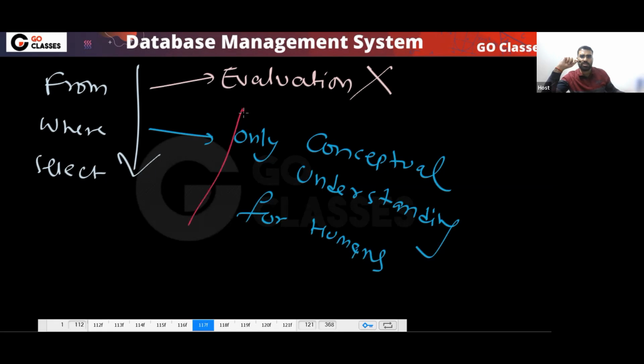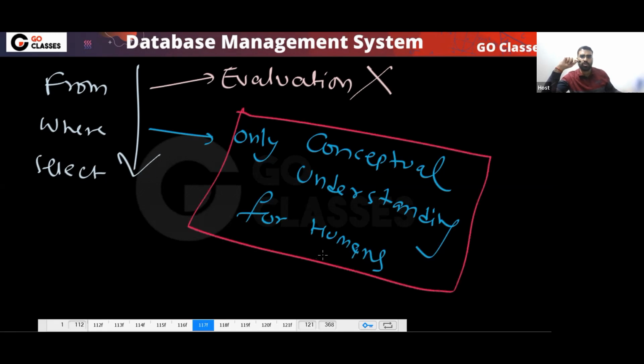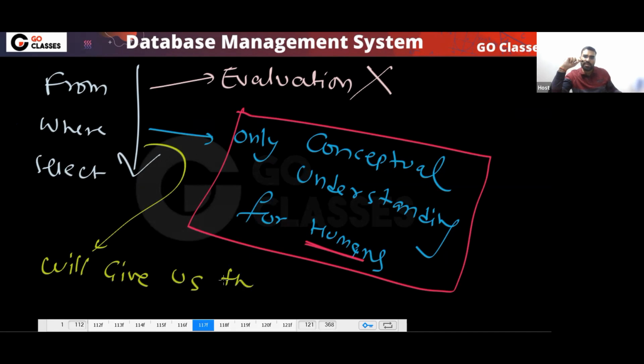This is only a conceptual understanding for humans, so that we can find out what is the answer. Remember, your final answer will be same as you get from this. Of course, this will give you the answer. I agree. Definitely, this will give us the correct answer.